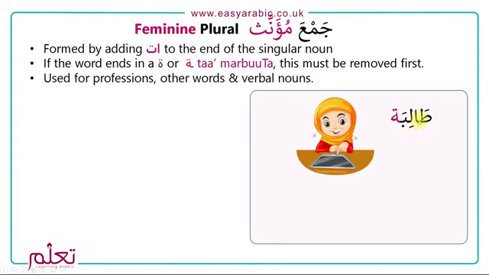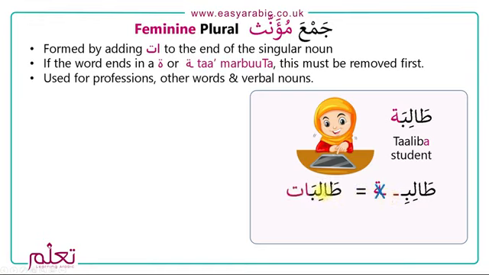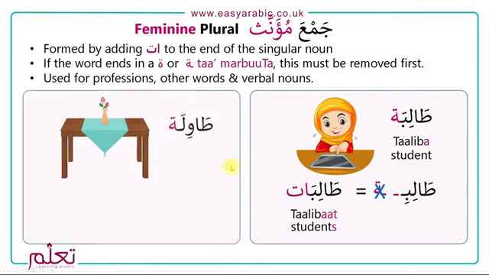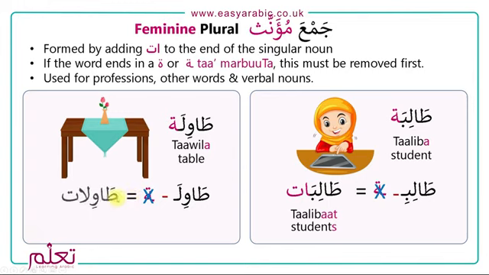Next one, we have taliba, which is student. Same again, talib, we've got the ta marbuta, take the ta marbuta off, and we have talibat, which is female students. Next one is tawila, which is table. Same here, we remove the ta marbuta and then we add alif ta.